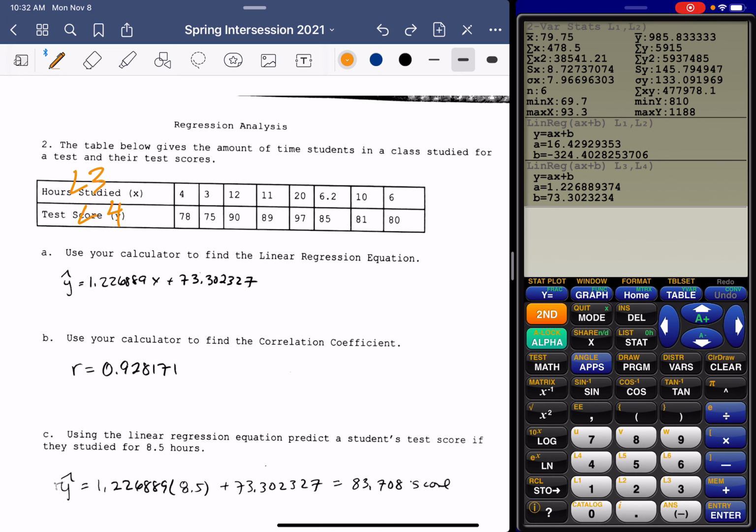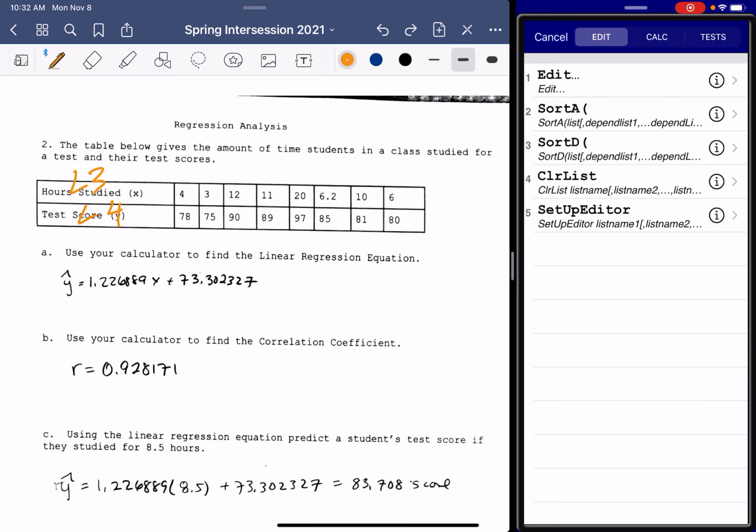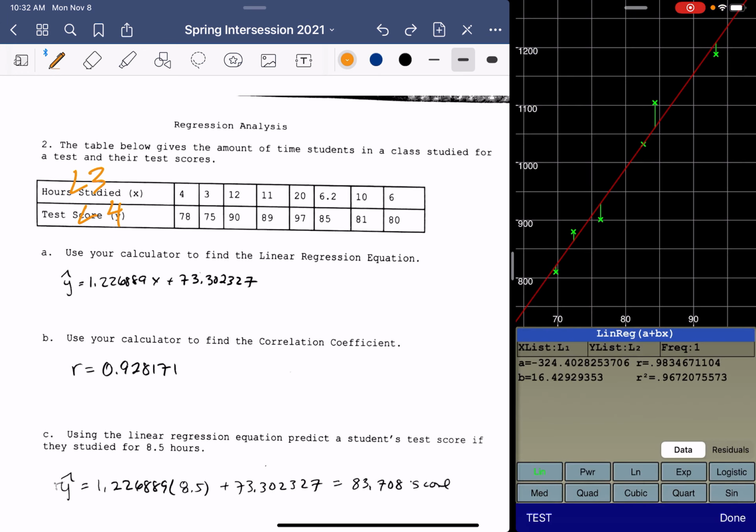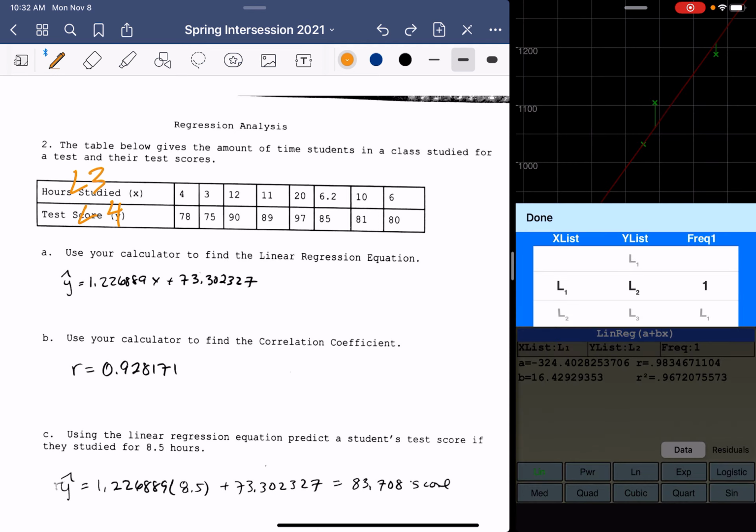All right. What else? Next one says, what's the correlation coefficient? Okay. Stat, calc, and then correlation coefficient we can find under regression here. We got to make sure we choose the right L, the right list. It's L3, L4.